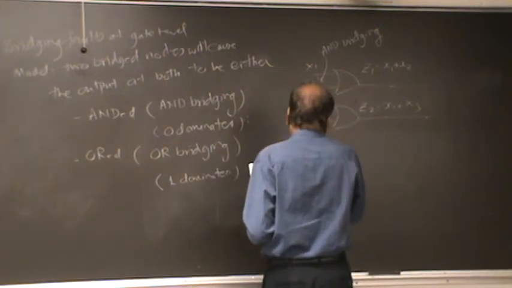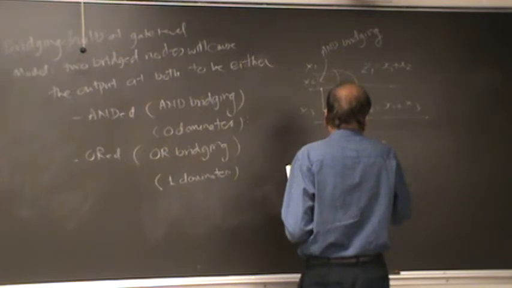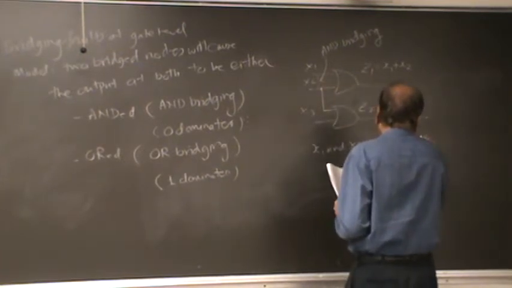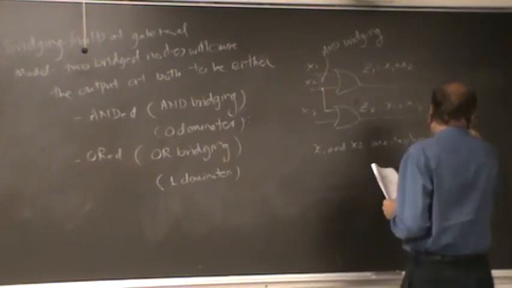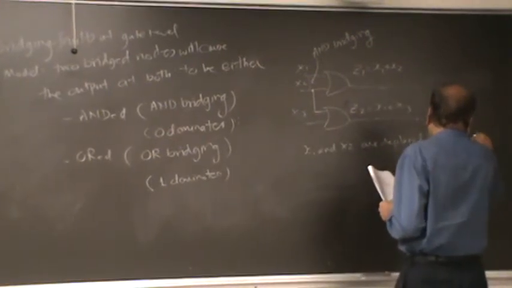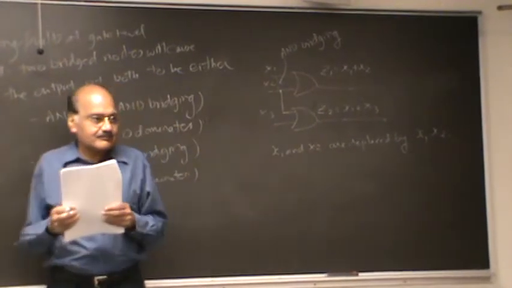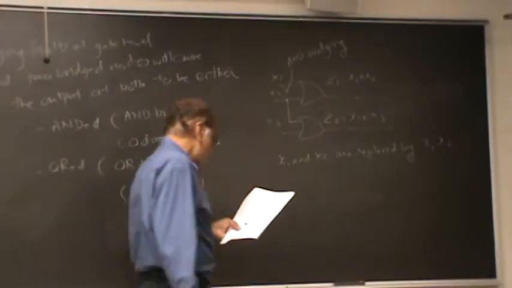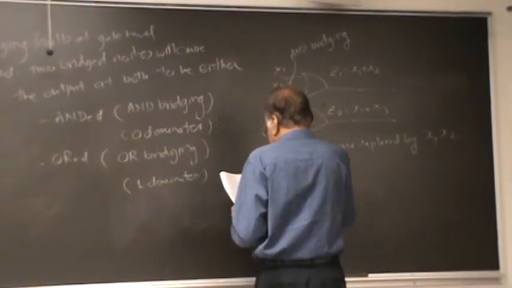So what would happen? X1 and X2 are replaced by X1 ANDed with X2, right?